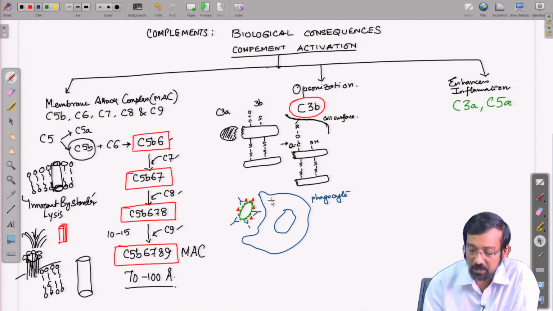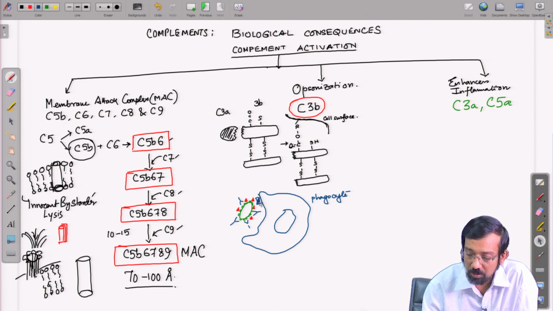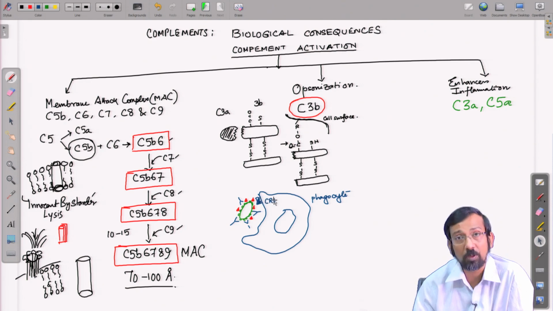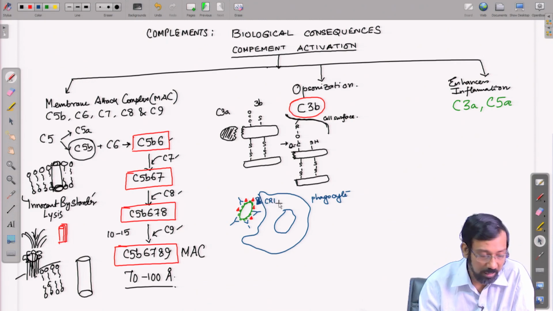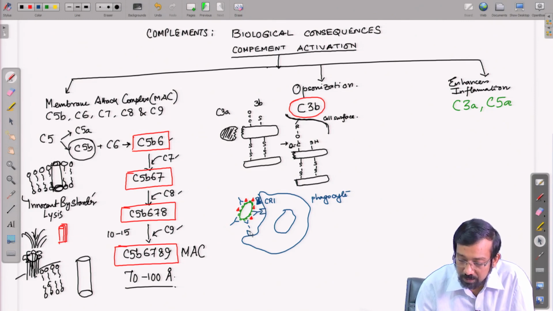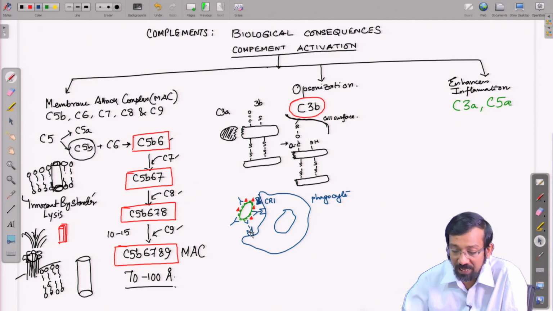These phagocytic cells can recognize this by specialized receptors like the complement receptors, CR1 for example, as well as the Fc receptors, which can bind to the Fc region of the antibodies.